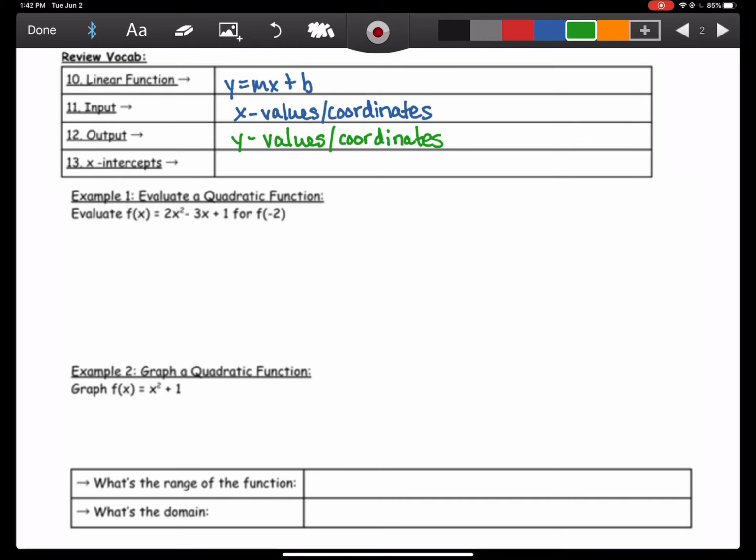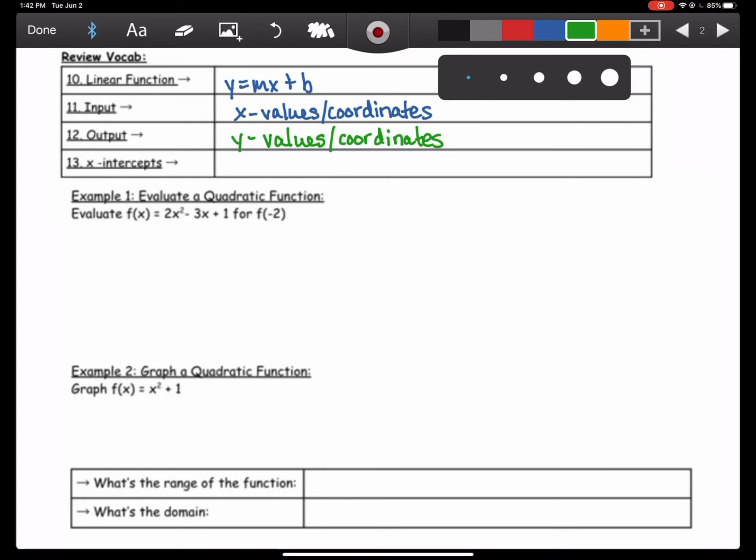The x-intercepts, again, we know the definition of x-intercept. It's the point where the graphed image crosses the x-axis. But here we've talked a little more about an x-intercept, and that's that all the x-intercepts are referred to as the zeros when it comes to a parabola.